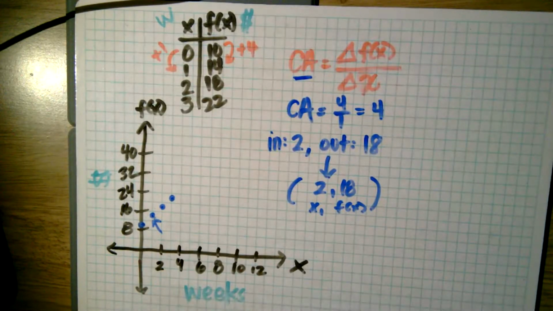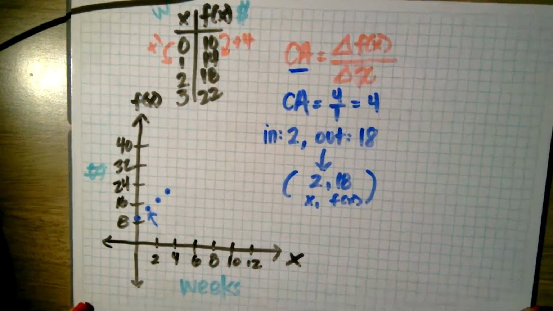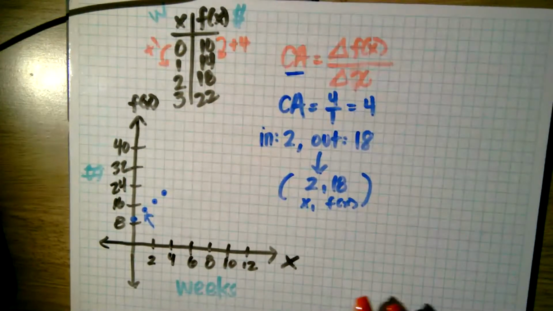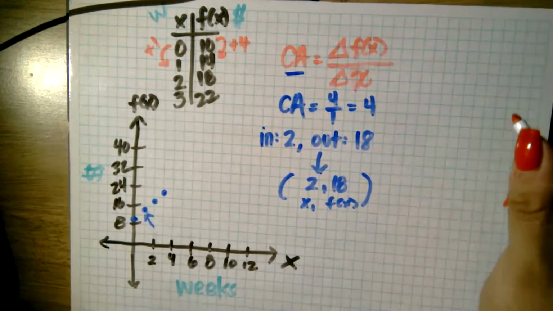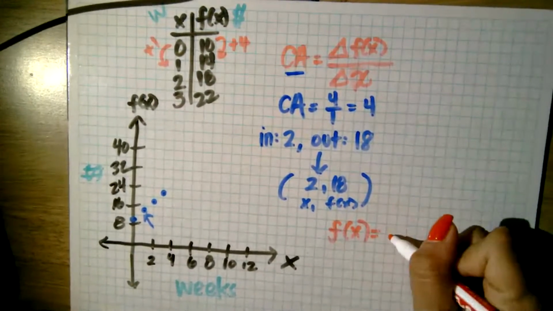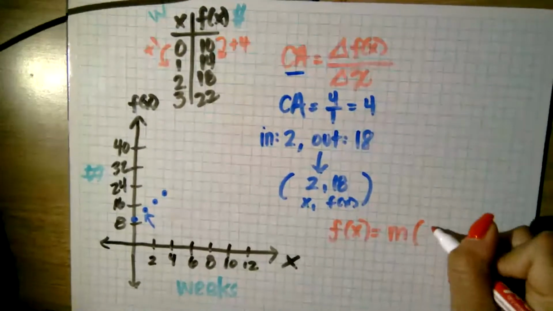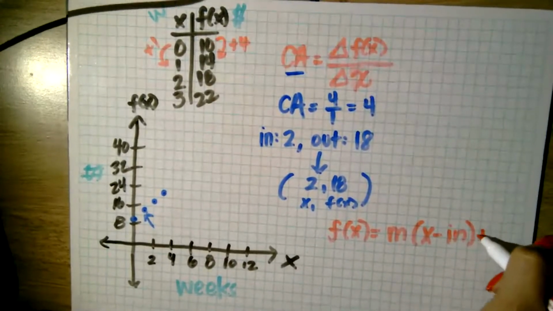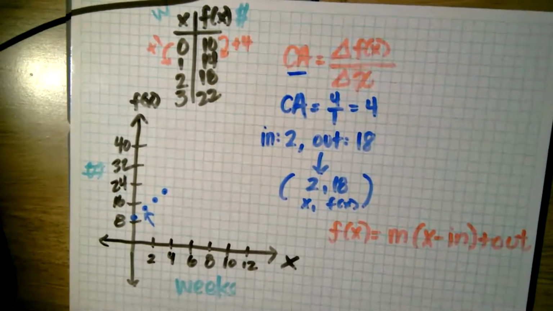But watch what I'm going to do. I'm going to plug in my explicit rule, and then I'm also going to do my recursive rule. So I'm going to start with my explicit rule. My explicit rule says I have a slope, which is my constant additive, and then I have x minus in plus out.